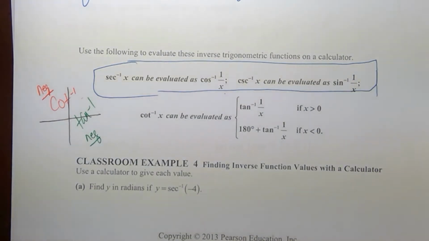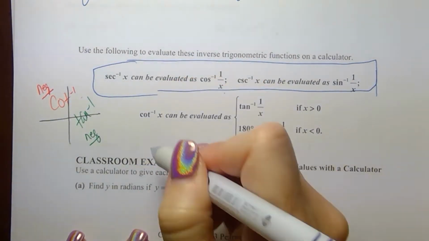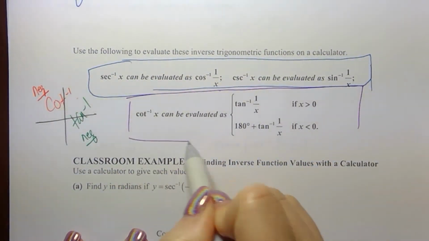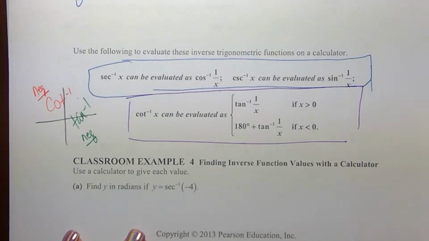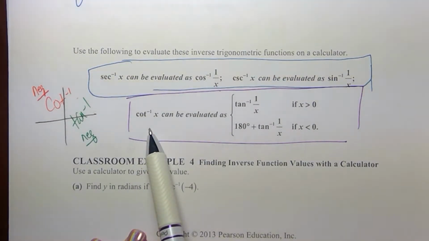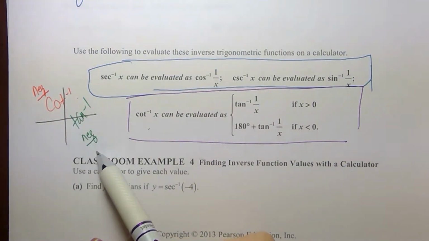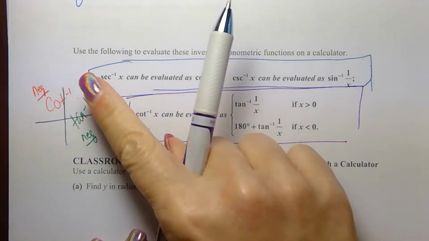Now I can use my inverse function button for tangent inverse to evaluate cotangent inverse, but if I start out with a negative value of x, a negative inverse cotangent value, when I switch and use tangent inverse to evaluate it, it's going to return an angle in quadrant 4, and that's not what I'm looking for.